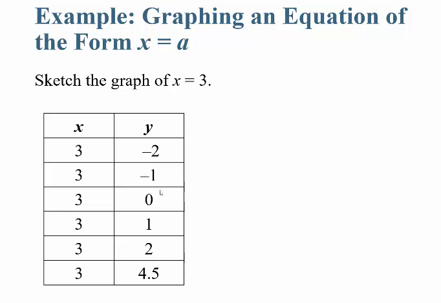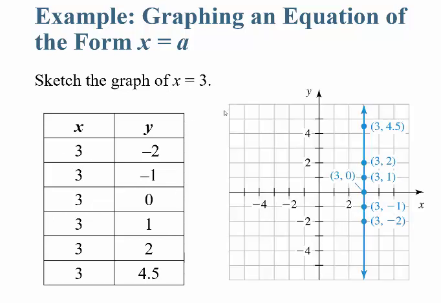No matter what y variables I pick, it's telling me x is always 3. So when I plot these ordered pairs, like (3, -2), (3, -1), (3, 0), (3, 1), (3, 2), this looks just like a vertical line. So whenever you see a graph of x is equal to 3, it's a vertical line that goes through the value x is equal to 3. You go to x is equal to 3, and draw a vertical line straight up through it.